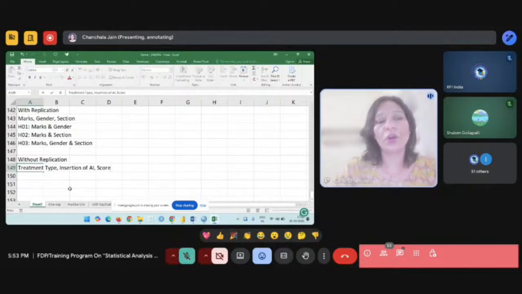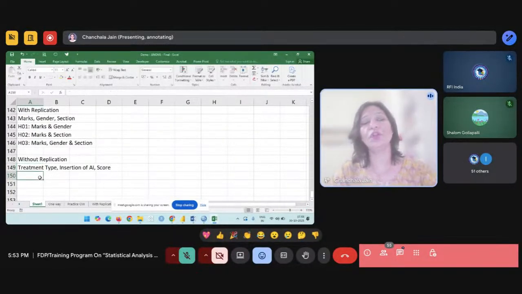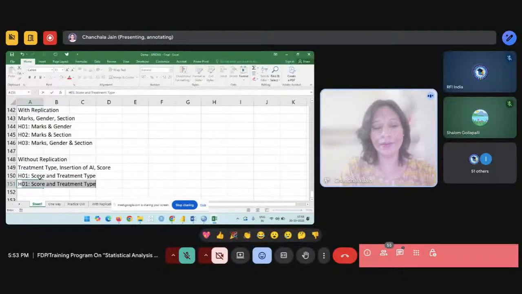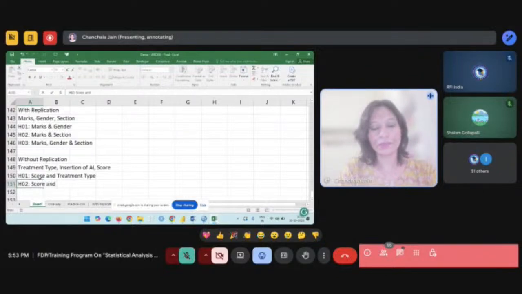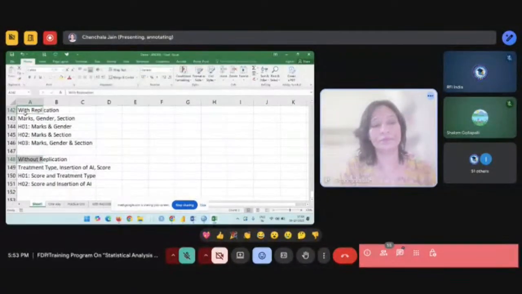So where you're not replicating your variables or categories of your variable, you will go for only 2 null hypotheses. That is H01, you will write score and treatment type. Second, you will write score and AI. Is it okay, clear?